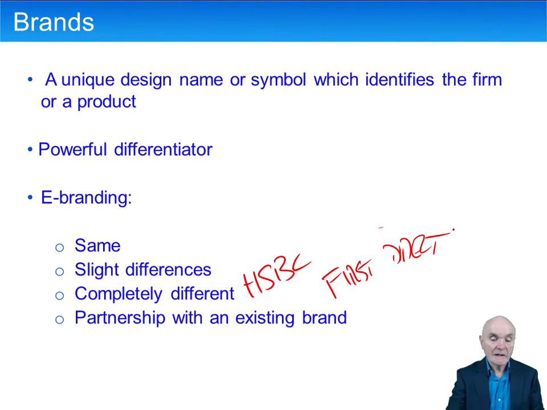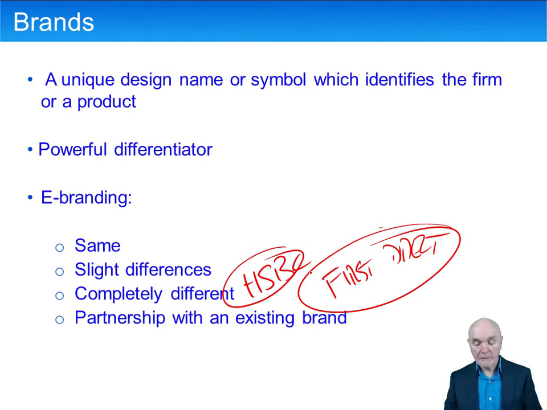They have decided to keep these brands completely separate. People who want internet banking, who don't need a bank manager and so on, just go to First Direct, whereas people who want traditional banking will go to HSBC, and there's no chance of confusing what the offerings are.